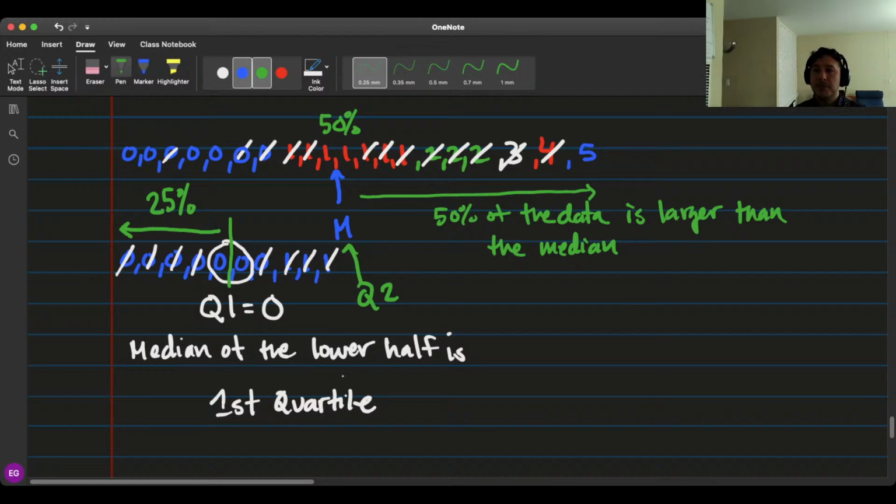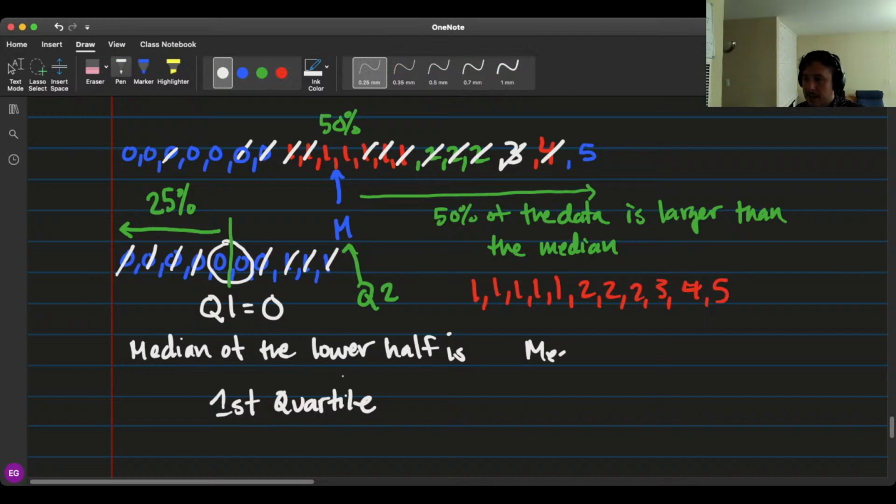Okay, you can do the same thing with the upper half. If you take the numbers which are larger than the median, you would have 1, 1, 1, 1, 1, 2, 2, 2, 3, 4, and 5. So this is the upper half.